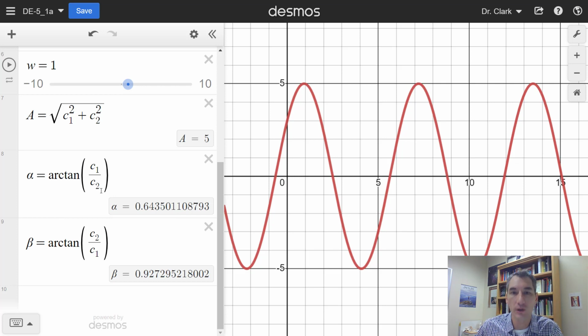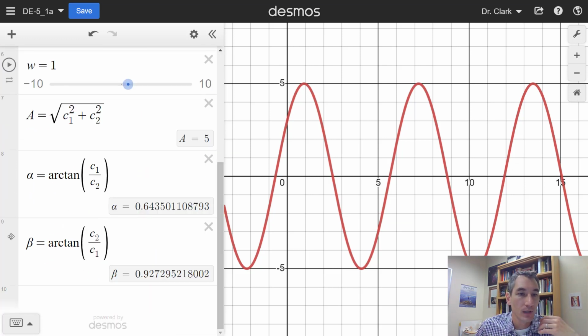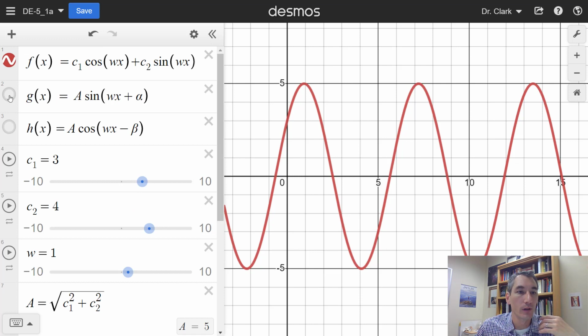You can do a bunch of trigonometry and see why that's the case, but you'll just have to take my word for it. If you ever want to combine a sine and cosine sum into a single sine or a single cosine, that's the way to do it, using these alpha and beta terms and those formulas right there. And you'll get exactly the same graph.